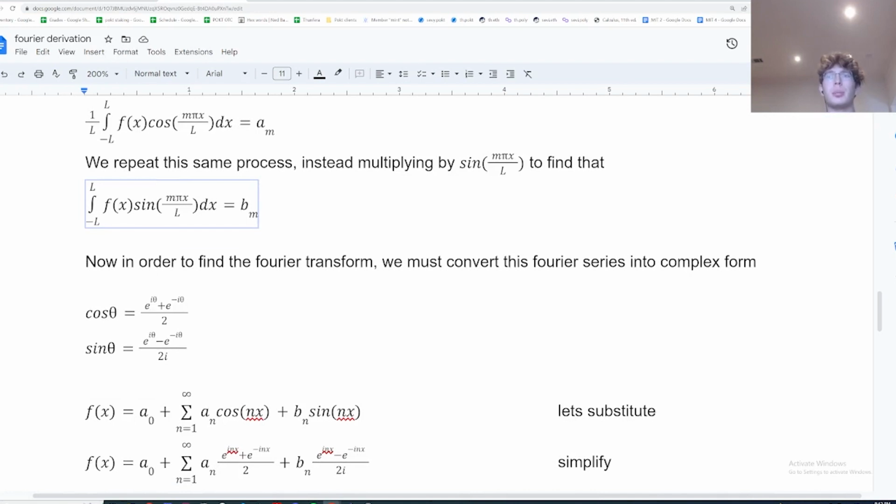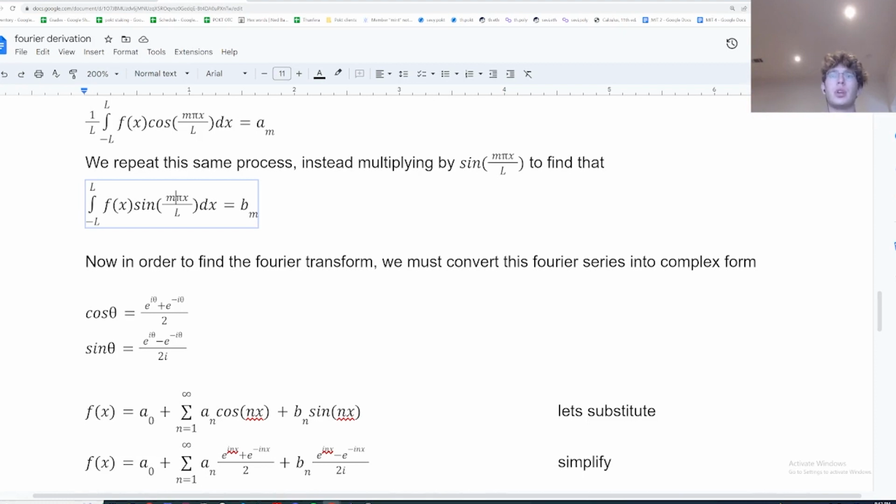We're going to do this by converting the Fourier series into complex form, and then converting the complex form into the Fourier transform. Really, the Fourier transform is ultimately just the Fourier series, but over negative infinity to infinity, integrating over every single frequency there is. It'll become very clear at the end how the two are related, and they're ultimately really similar.